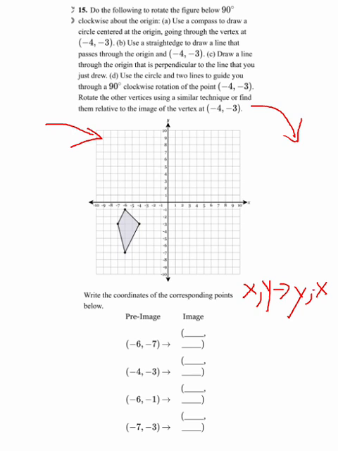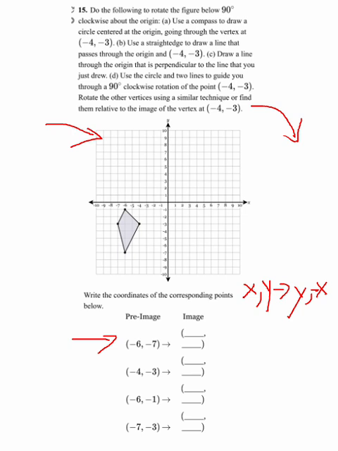So this is what happens. x, y turns into y, negative x. What used to be your x becomes your y, and the value changes. So for example, -6, -7 here, so we're going to switch places, and then we're going to change the value of -6 to +6.